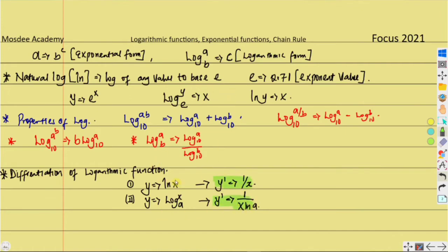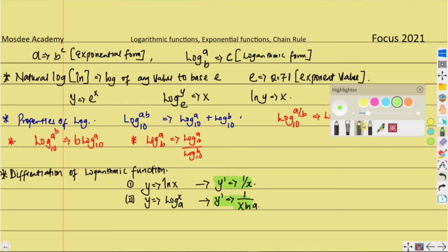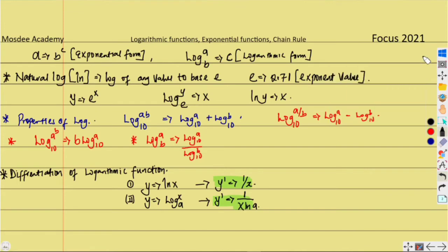The next one is differentiation of exponential function. The same thing is also applicable. We can only express that in two forms, and when we do that, this is what we're going to have.